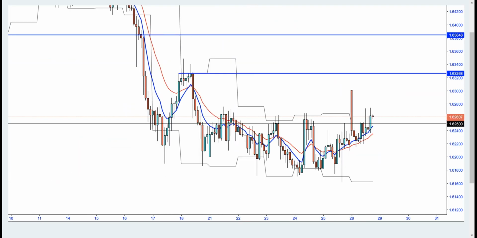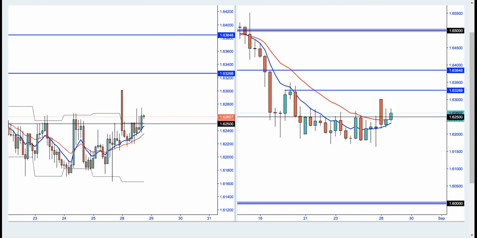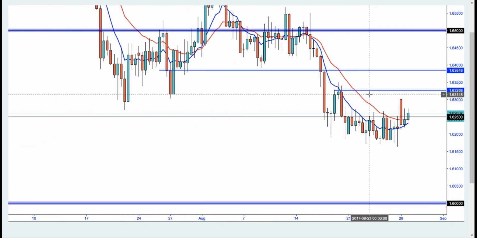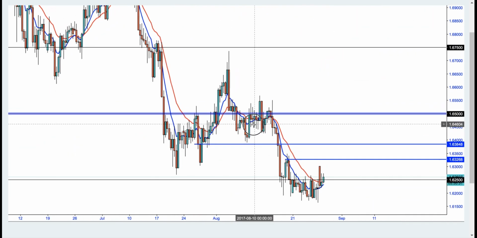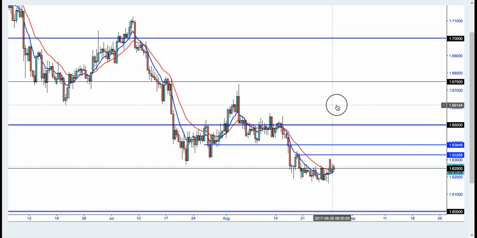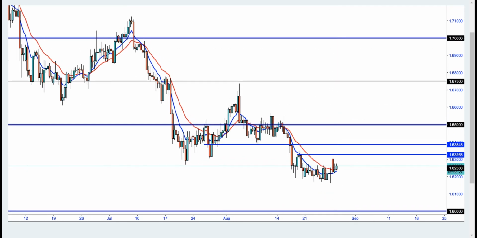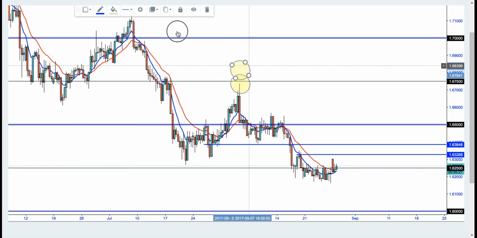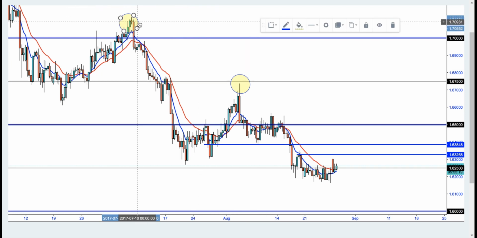Example of that would potentially be, okay, so let's have a look at GA. GA most recently on the daily time frame has been swinging. If I get my ellipse tool, go on here.